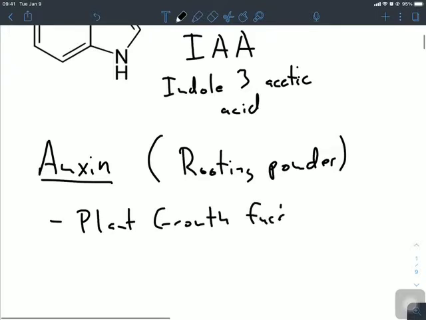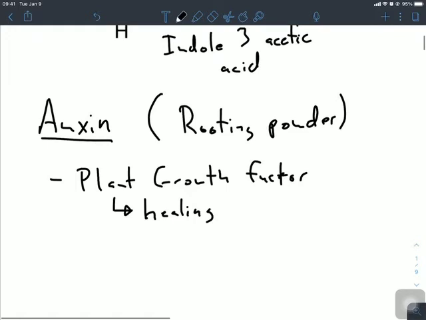So the equivalent of our human growth hormone. It is important in growth as well as in healing. We'll have some cool images to discuss that in a little bit. It was actually first recognized by Charles Darwin.